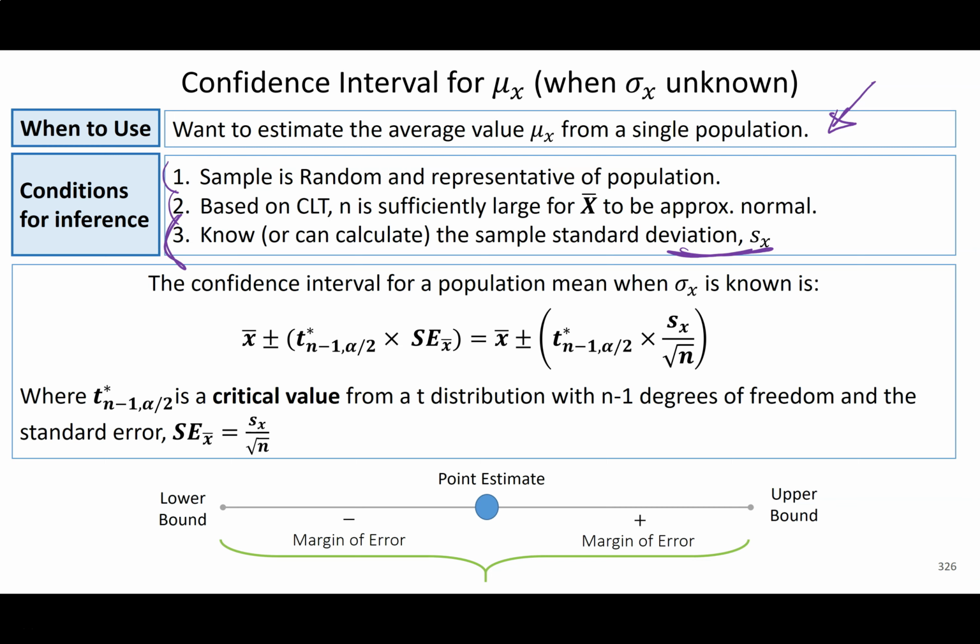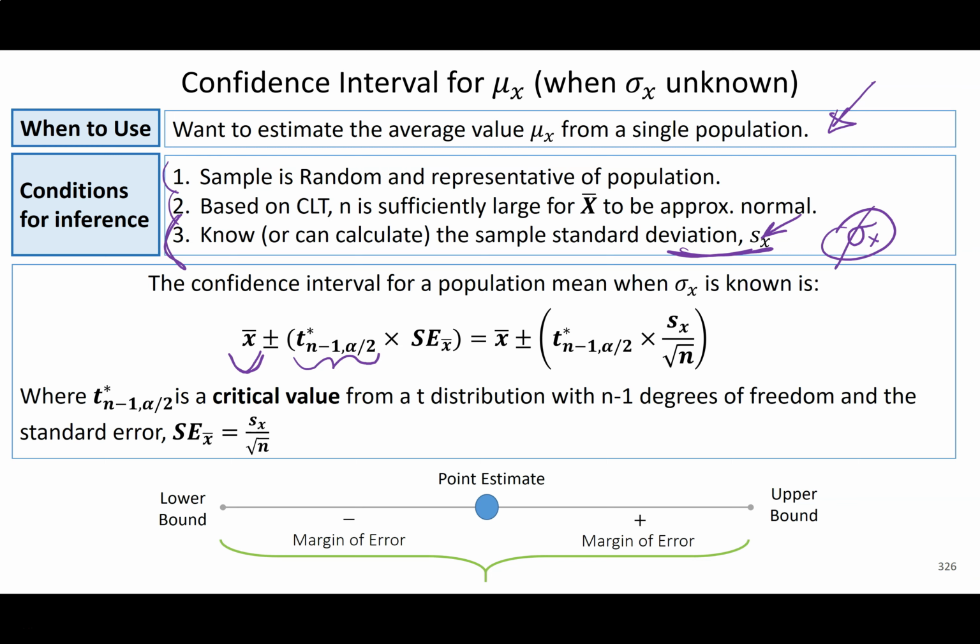So here we no longer know sigma of x, but we either know or can calculate this standard deviation from the sample. So here we have the confidence interval. Our point estimate is still going to be x bar because it will be our best individual guess for mu.